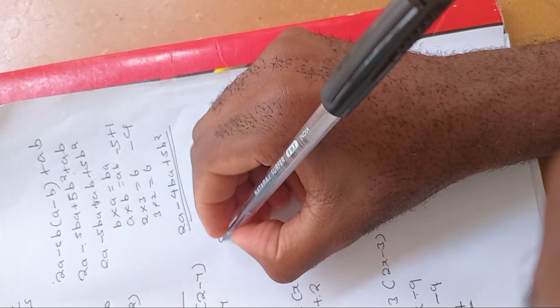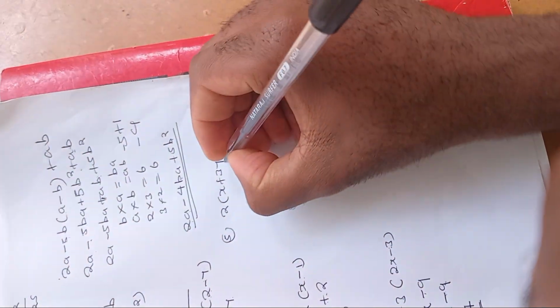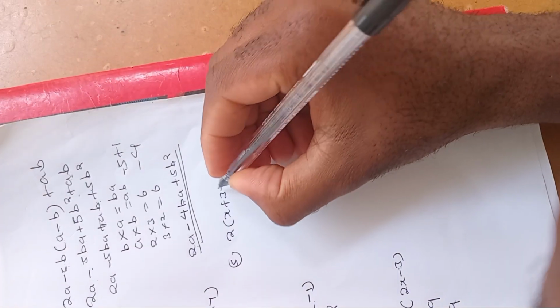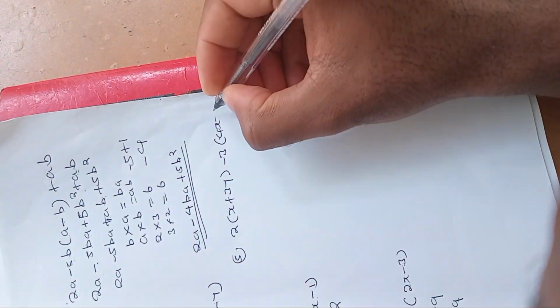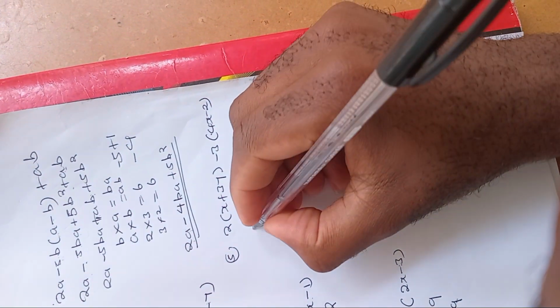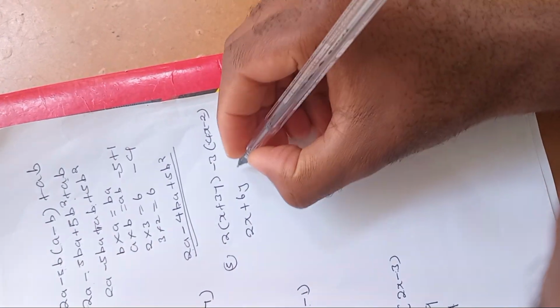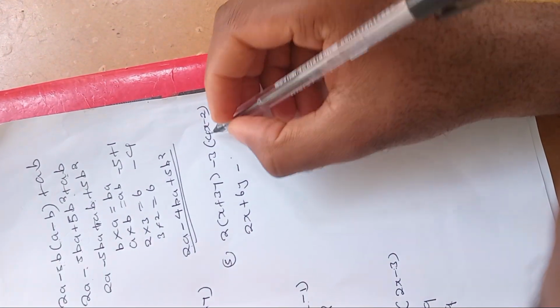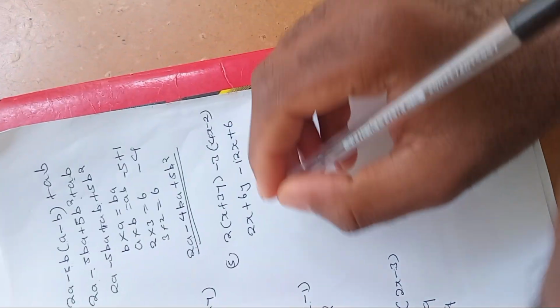Then we have question 5, guys. We have 2x plus 3y minus 4x minus 2. So we're going to multiply here. 2 times x, we're going to have 2x plus 6y minus, if you multiply there, 12x, then you're going to have 6.